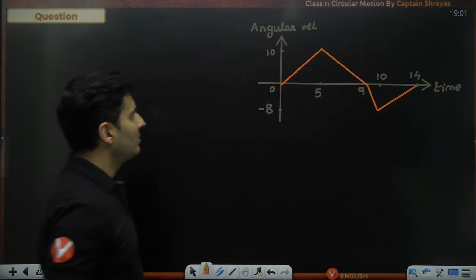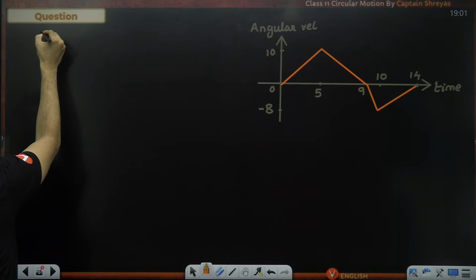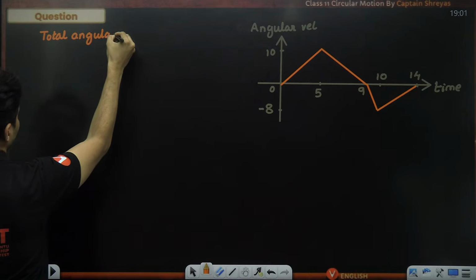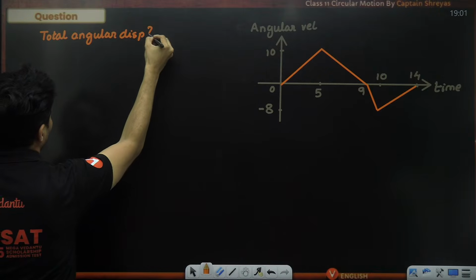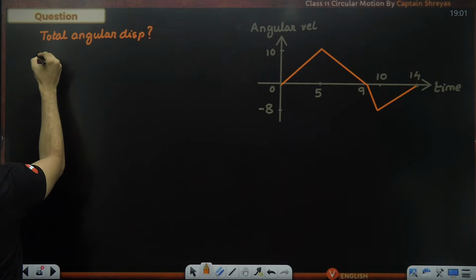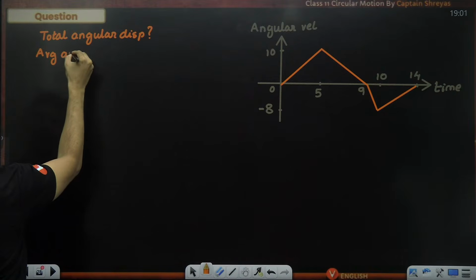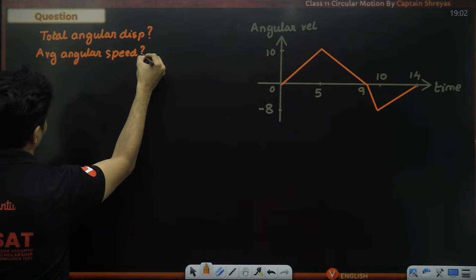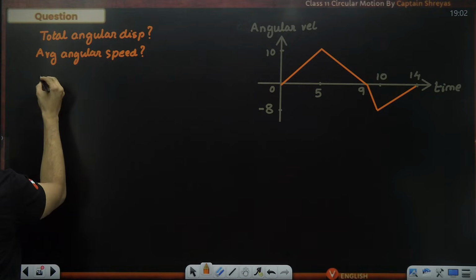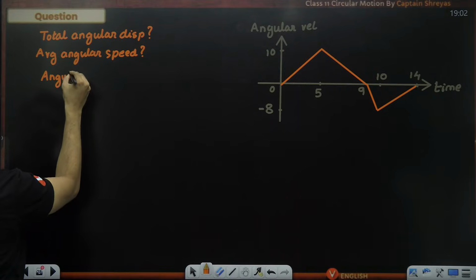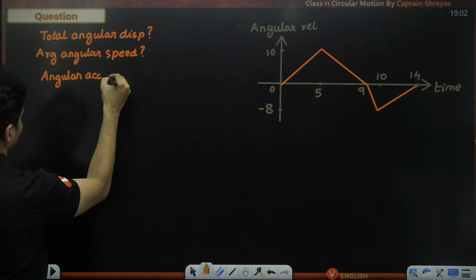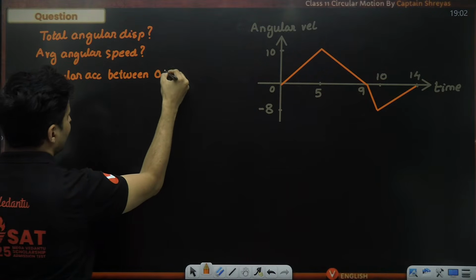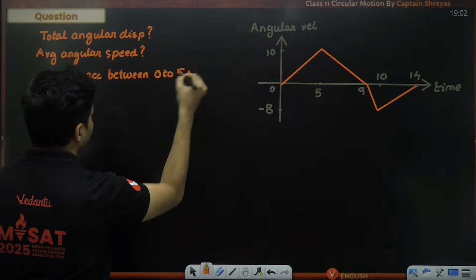The question asked is as follows: find the total angular displacement. What is the average angular speed? What is the angular acceleration between 0 to 5 seconds?